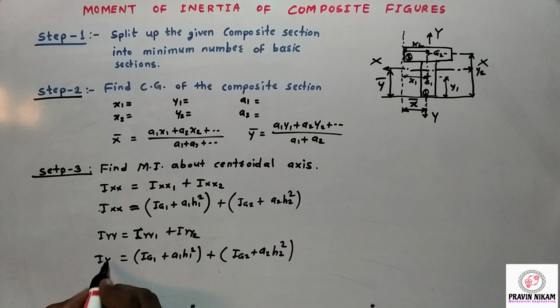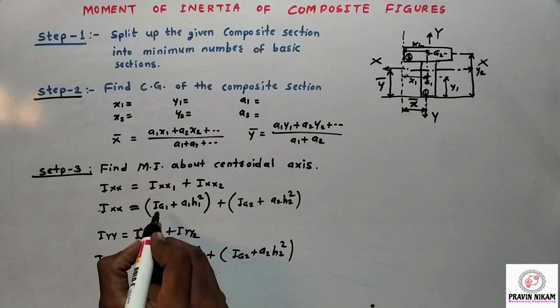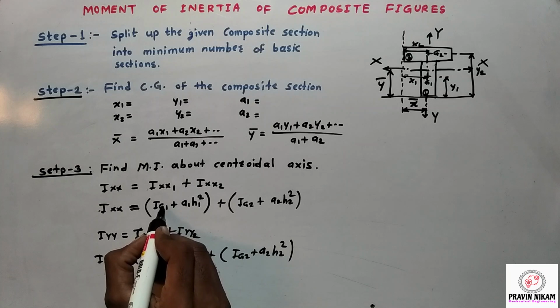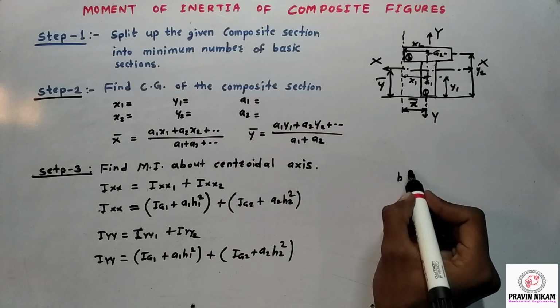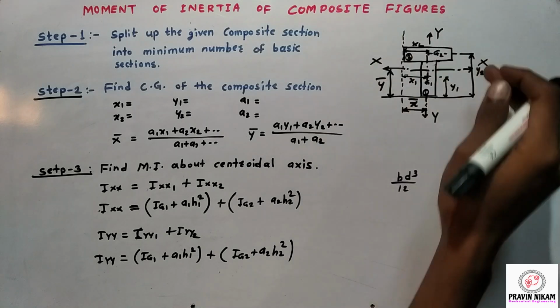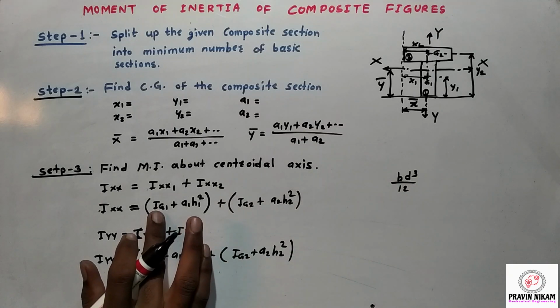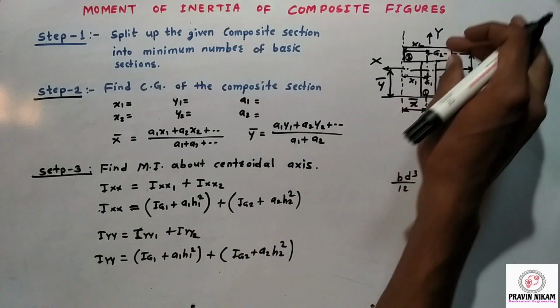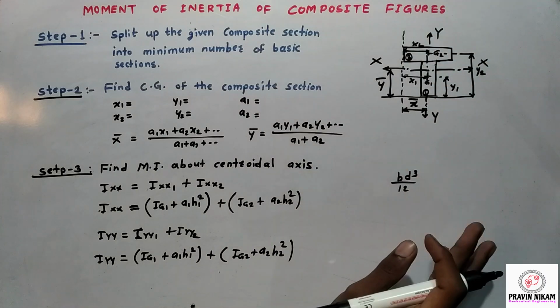Now here friends, remember one thing. Here Ig1 means moment of inertia of section 1 about centroidal axis, that is BD cube divided by 12. It is about XX axis, therefore it is BD cube by 12. Now Ig2 means moment of inertia of this section 2 about its centroidal axis.